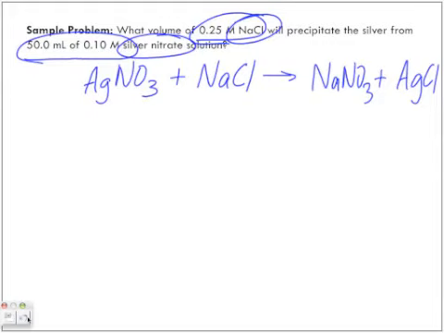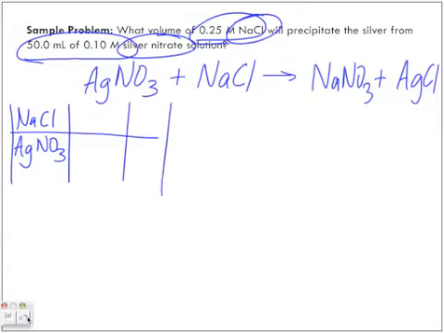So if we're using stoichiometry methods, we've got AgNO3, we've got sodium chloride. We know we have moles, we have molecules.